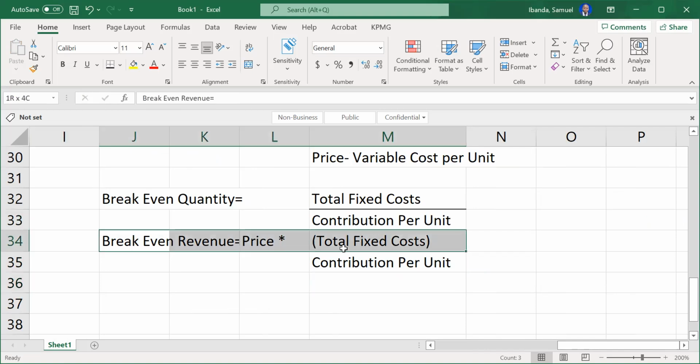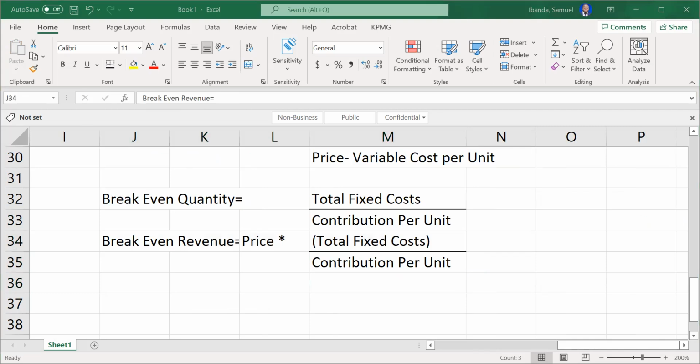So this is how it will look, basically. So contribution is a very key term that we need to understand.